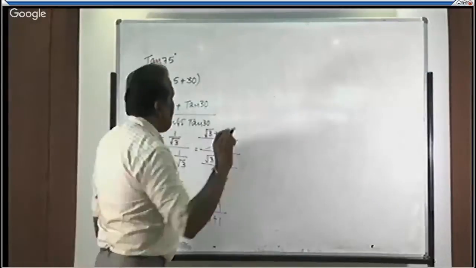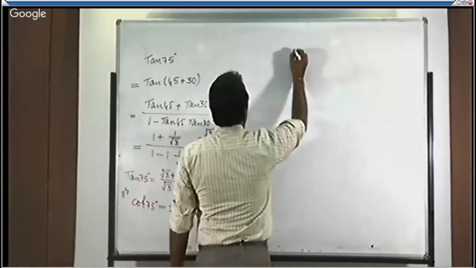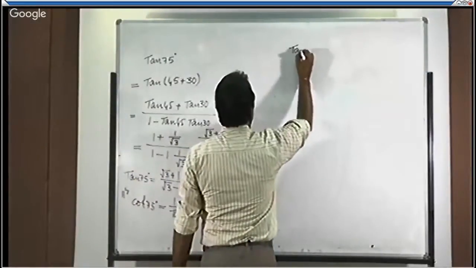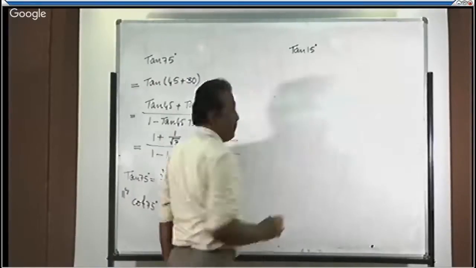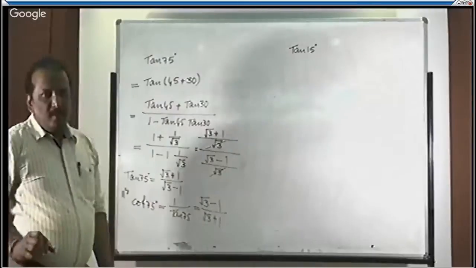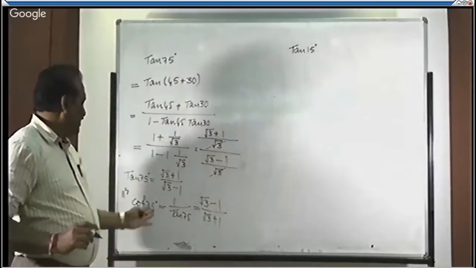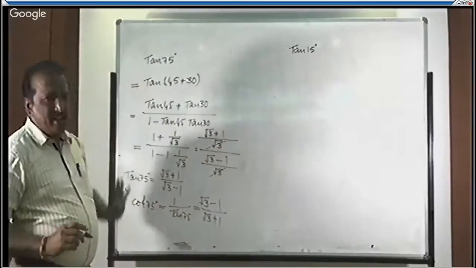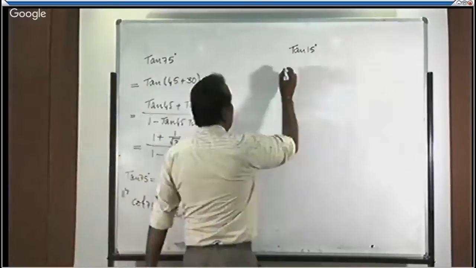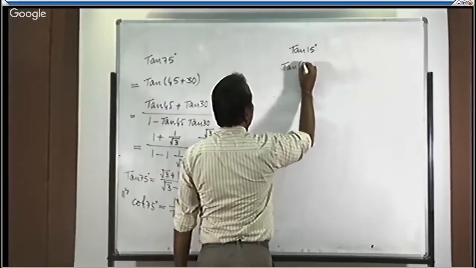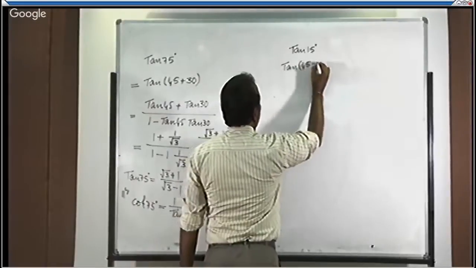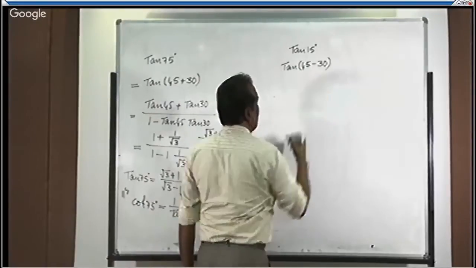Similarly, let us evaluate one more value, that is the value of tan 15 degree. You can write tan 15 degree by using the same old relation. So connect to the previous case. In the previous case, you write 15 degree as 45 minus 30. Is it not?